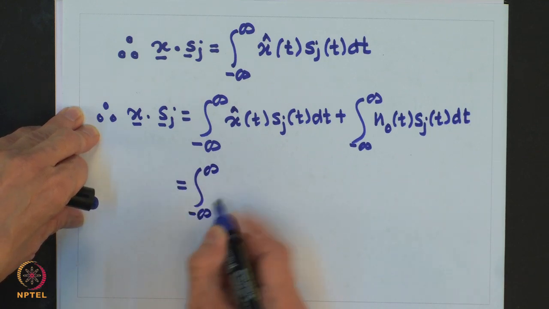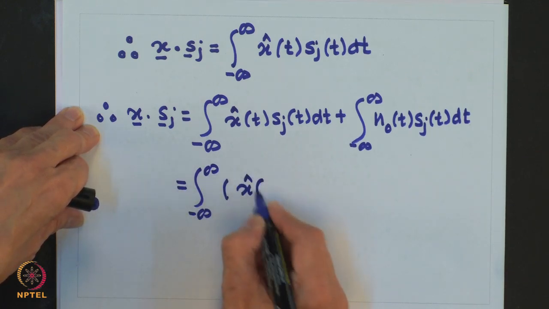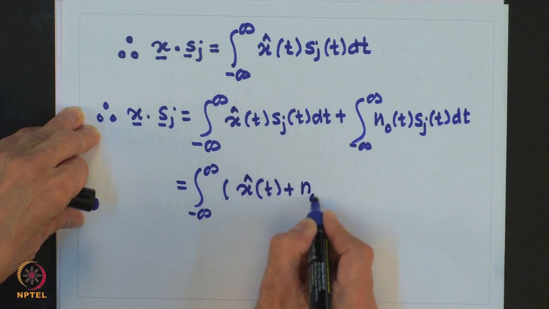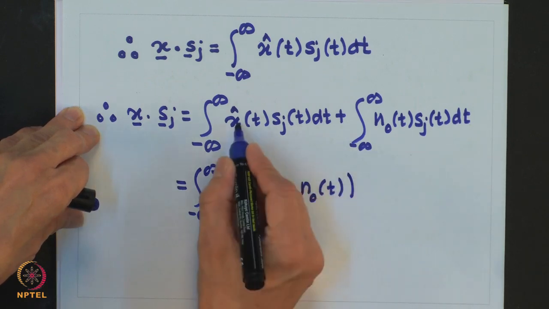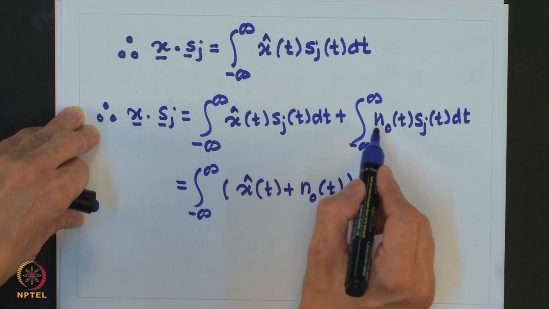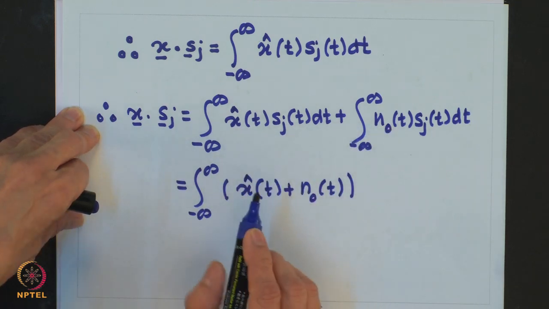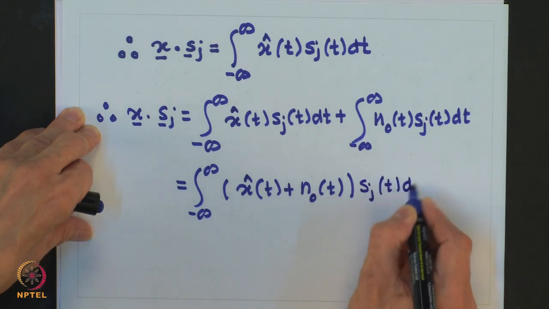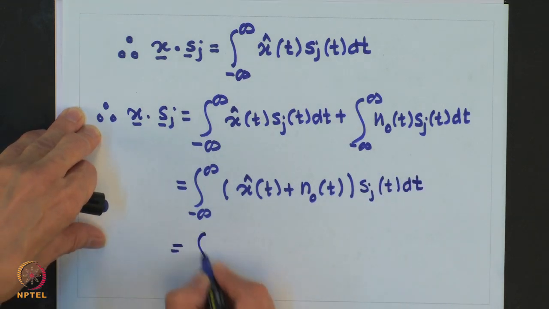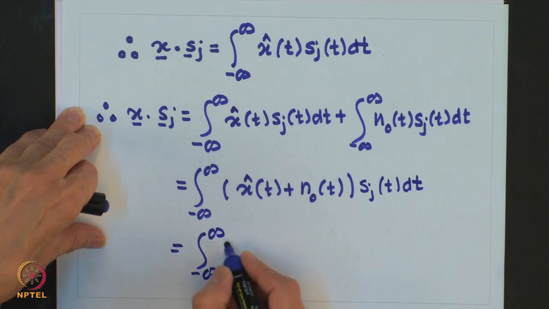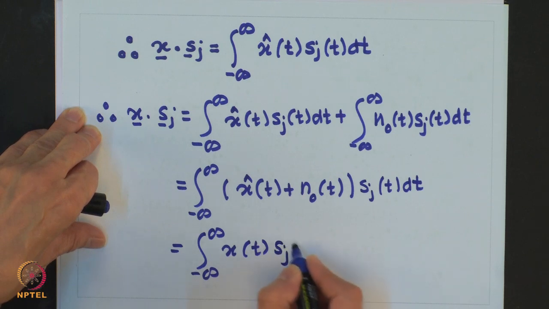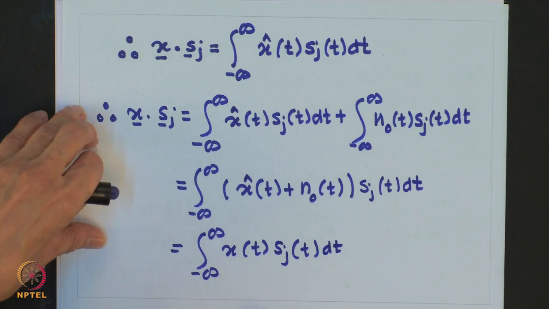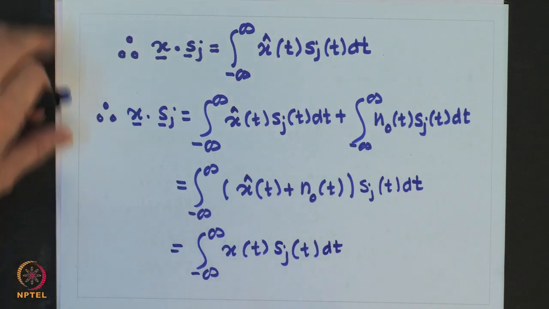So, this is equivalent to writing this. Remember that these are the sample functions of the respective processes. And this is equivalent to the cross correlation between the received signal xt and sjt, the message signal, okay.